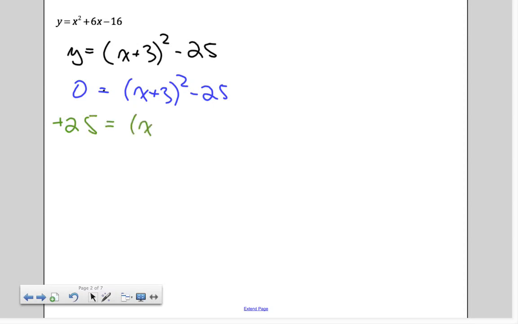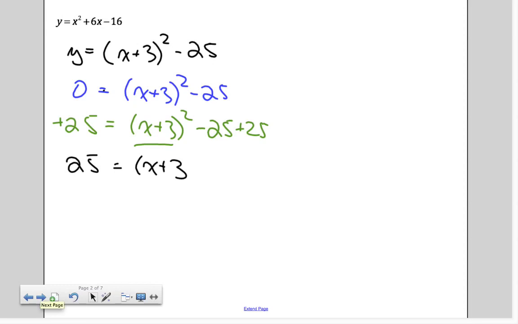So we have (x plus 3) squared minus 25 plus 25. The purpose of that was we wanted to isolate for this. So now we have 25 is equal to (x plus 3) quantity squared. Right? So this is exactly what Eric is saying. So Eric is correct. I'm just spelling out the steps a little bit so everybody can see it.